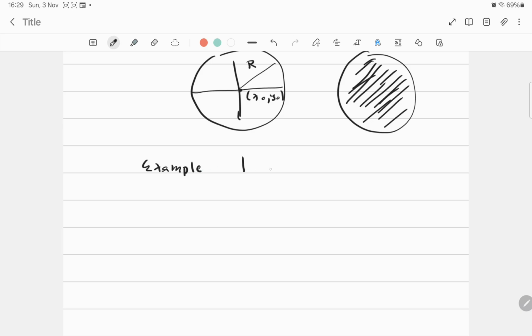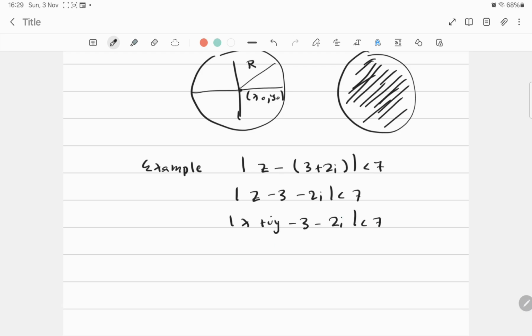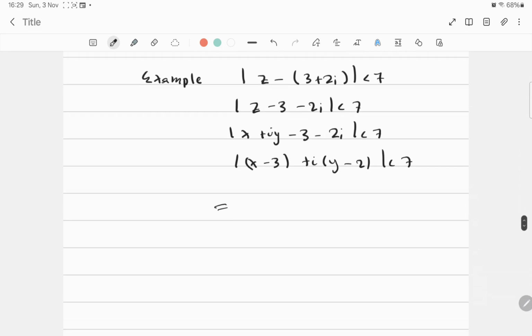I have this here, |z minus 3 plus 2i| less than 7, so |z minus (3 minus 2i)| is less than 7. I put z equals x plus iy, minus 3 minus 2i is less than 7. I split: |x minus 3 plus i (y minus 2)| is less than 7. And what I get: (x minus 3) squared plus (y minus 2) squared is less than 7 squared.